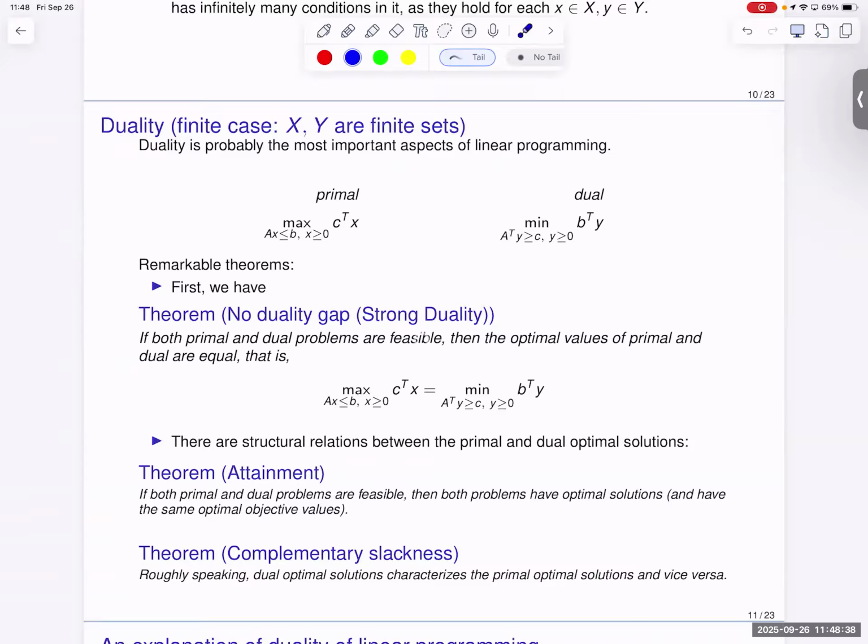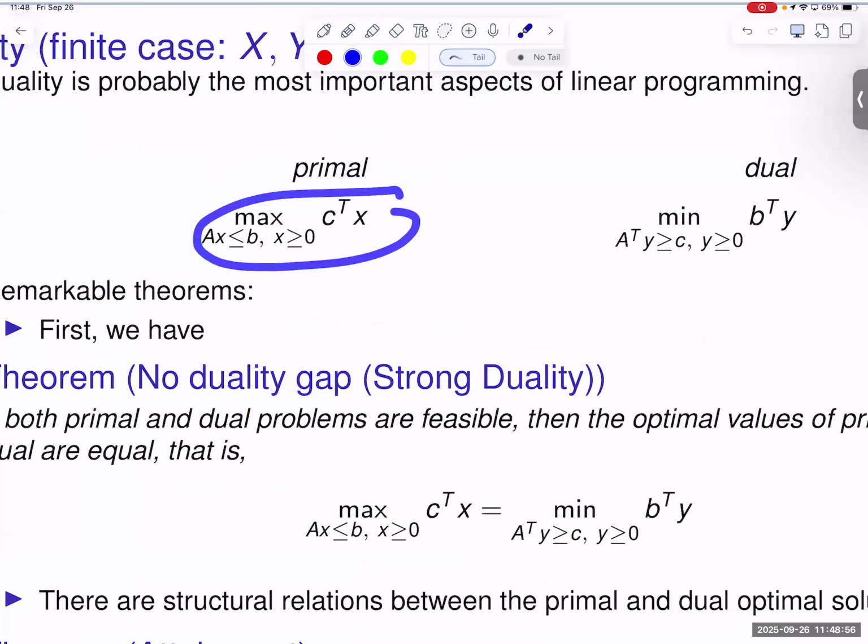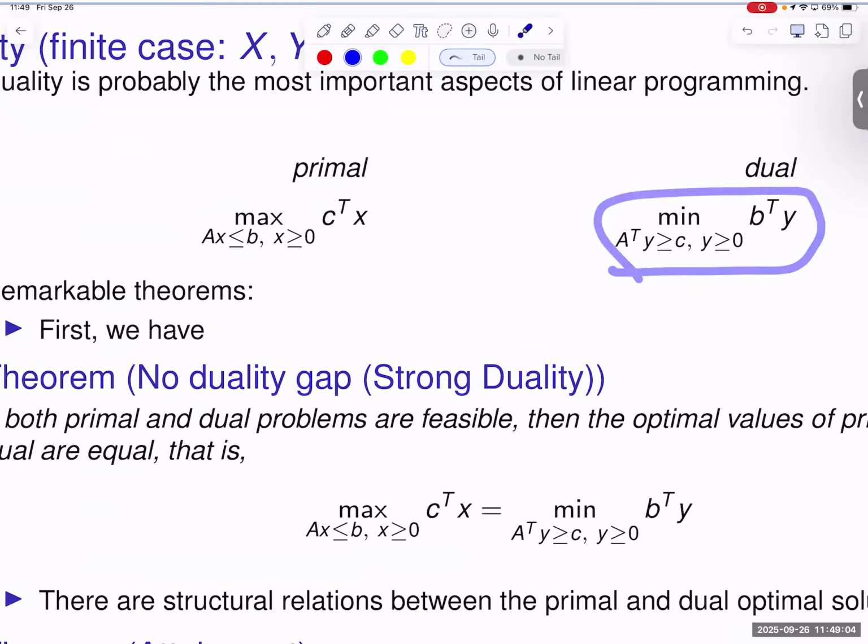Okay, what is duality in linear programming? It came from linear programming. And actually, Kantorovich, one of the founding fathers of optimal transportation, is the creator of this notion of duality. So you have this linear programming problem. Duality says there is actually a companion, a friend: another linear programming problem.